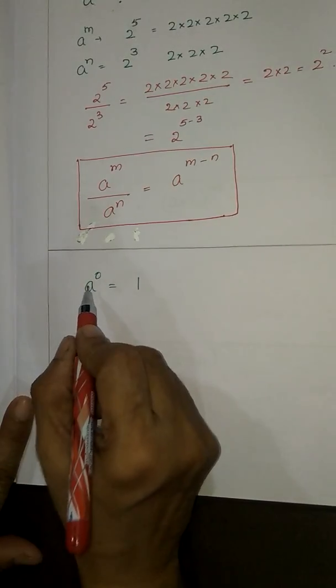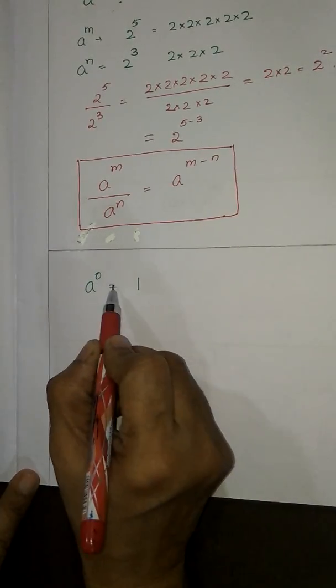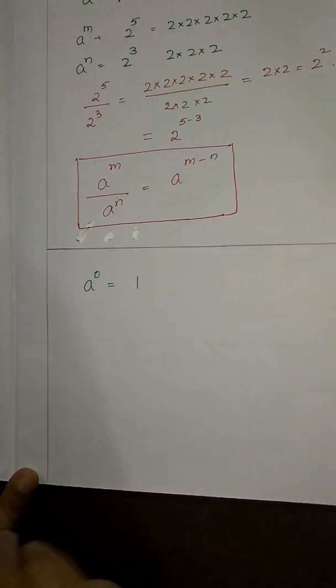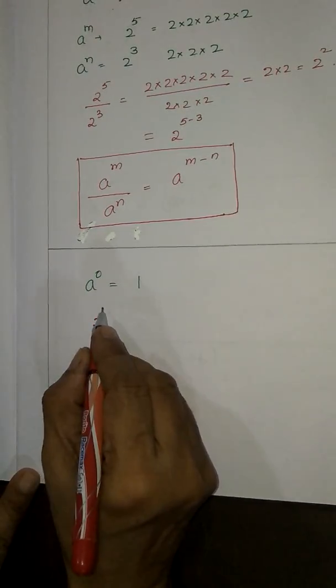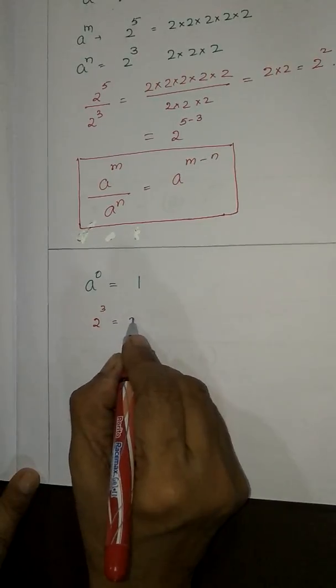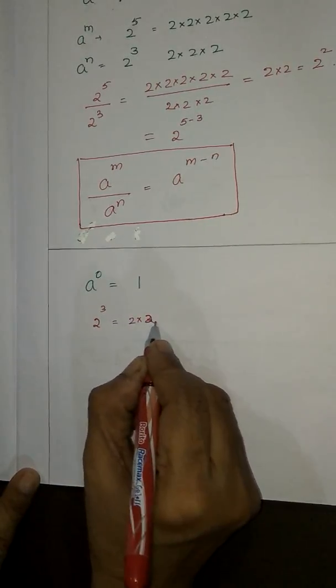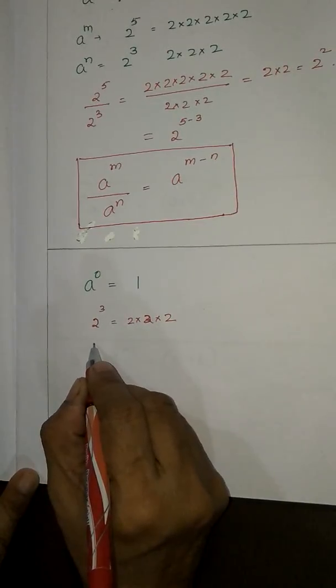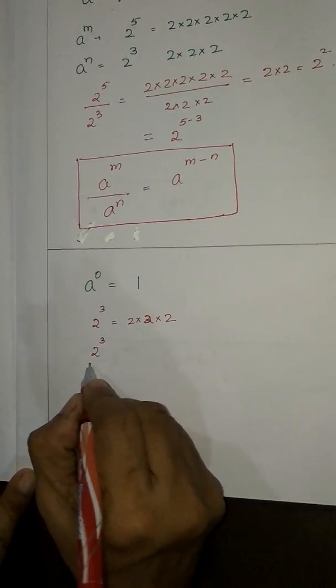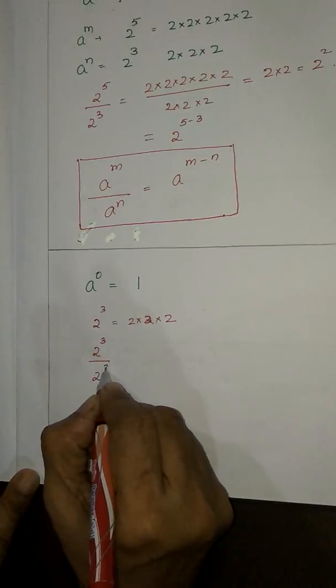Now another law is a to the power of 0 is equal to 1. For this, again let me take 2 to the power of 3, that is equal to 2 into 2 into 2, 3 times. Again I will divide 2 cube by 2 cube.